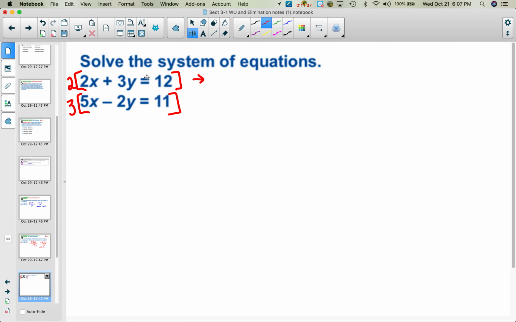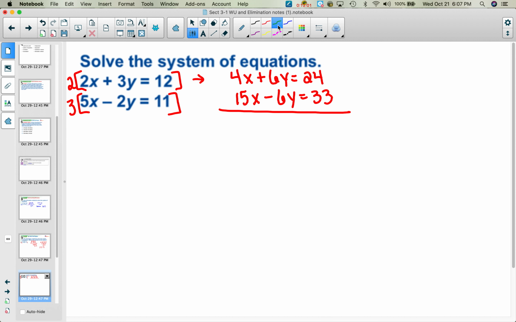When I multiply the top equation by 2, I get 4x plus 6y equals 24. And multiplying the bottom equation by 3 gives me 15x minus 6y equals 33. The reason I picked the 2 and 3 is look what happened to the y's. I have a positive 6y and a negative 6y.